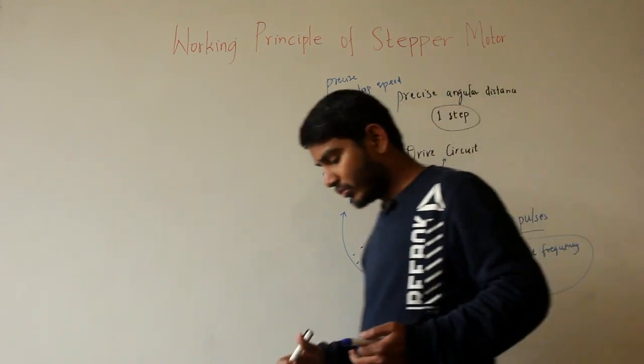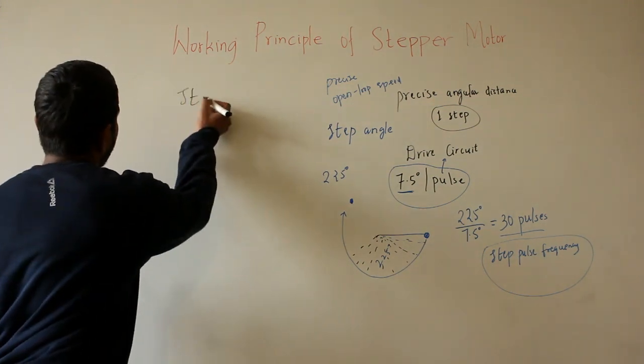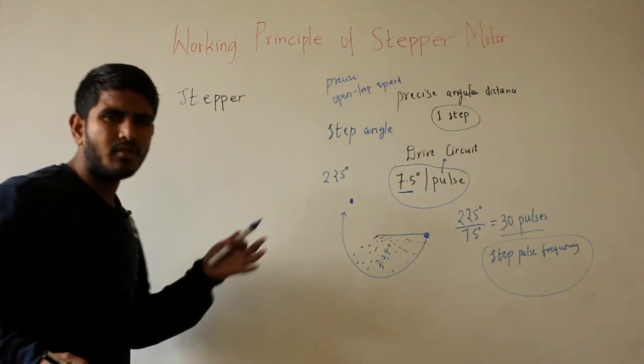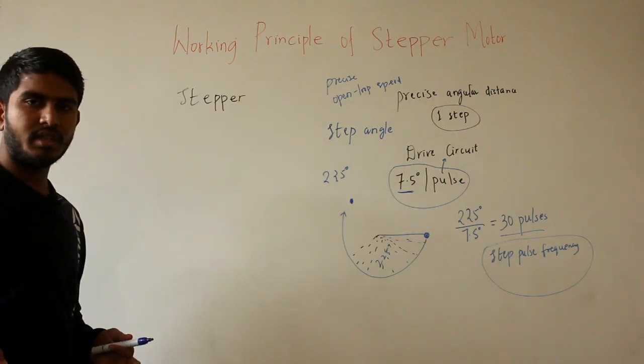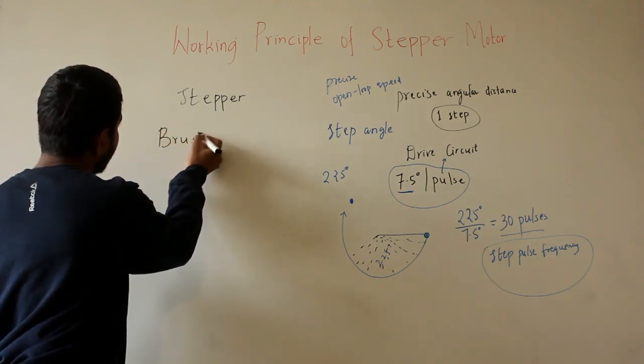Now, if we talk about what stepper motors are: a stepper motor, or step motor, or stepping motor, whatever you call it, is a brushless synchronous motor. There are no brushes here.